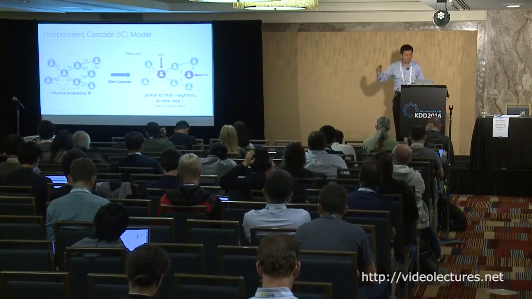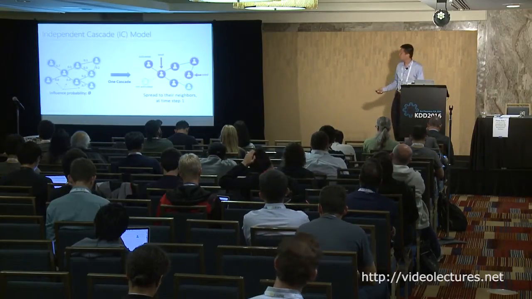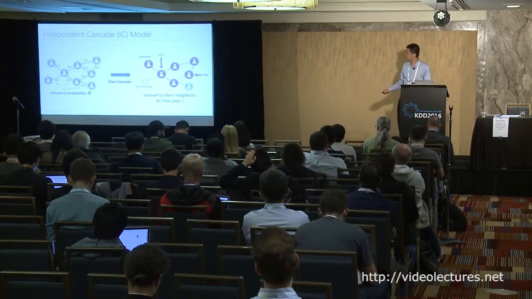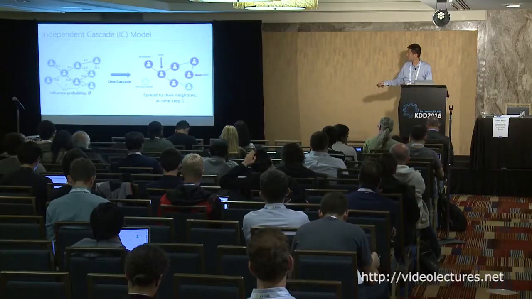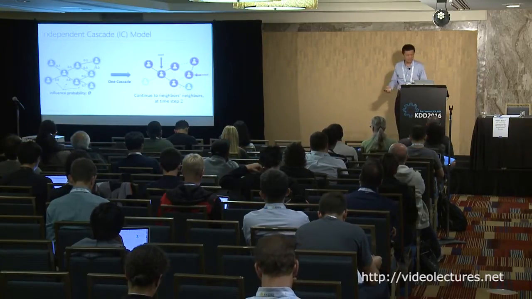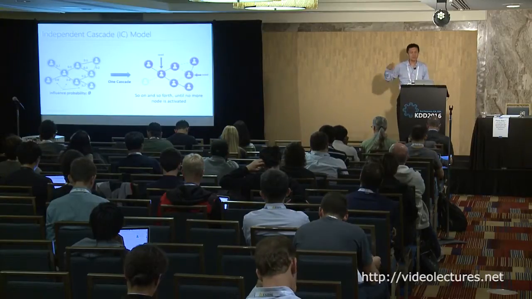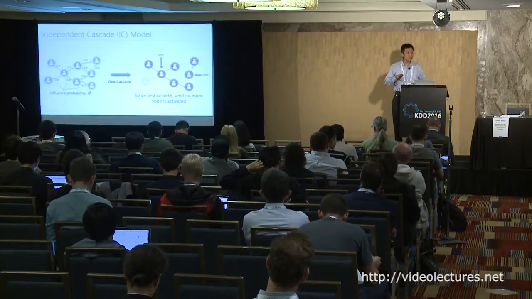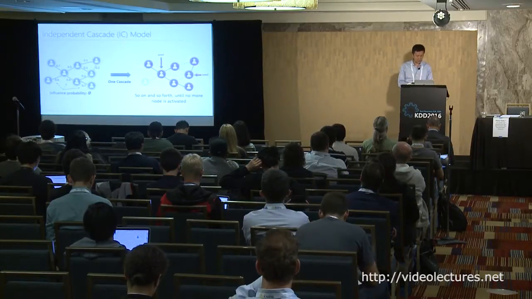It's the dashed gray edges. Then in one step, the two seeds have already influenced these nodes, but you can continue recursively, like in the second step, this node further activates one more node. So this is one cascading process. It goes on and on until no further activation happens.